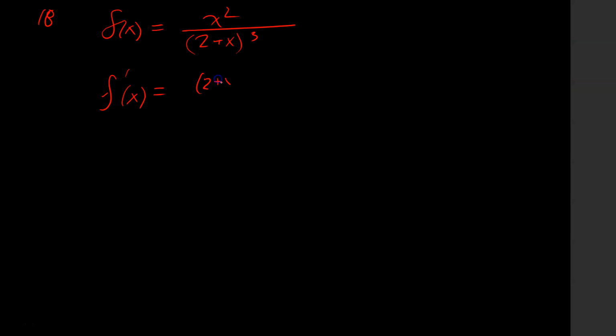And last one, number 18. The derivative of a quotient of two functions is the denominator, I'm losing my mind, the first function, the denominator, times the derivative of the numerator minus the numerator times the derivative of the denominator. Don't forget that chain rule on 2 plus x.